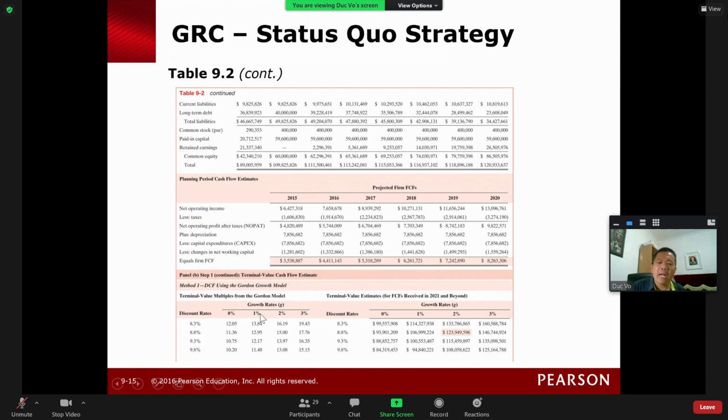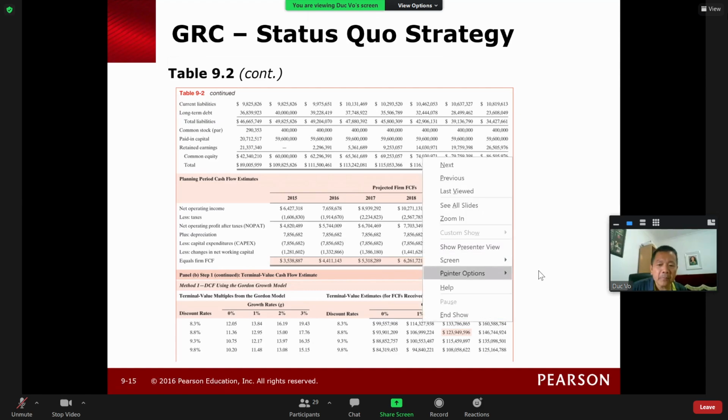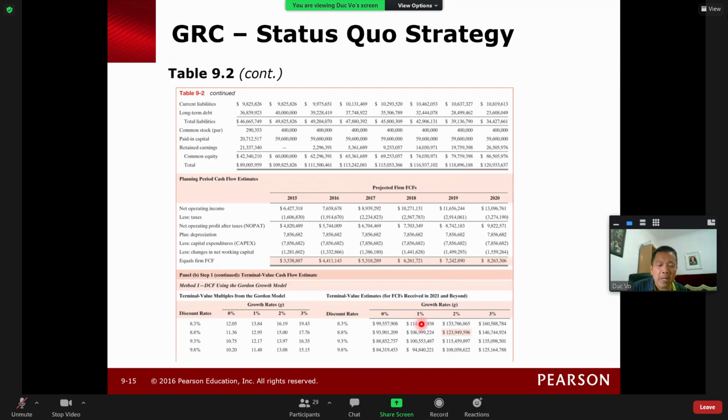And you know that the terminal value is extremely sensitive when you use a different discount rate and different growth rate. So clearly, when you use them differently, you will see that the terminal value will be different. An example: if you use the discount rate of 8.3% and the growth rate of 1%, this number represents the terminal value, right?